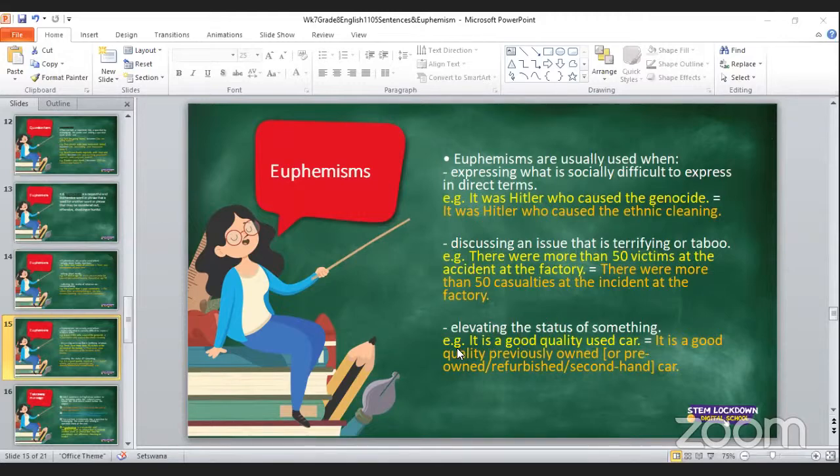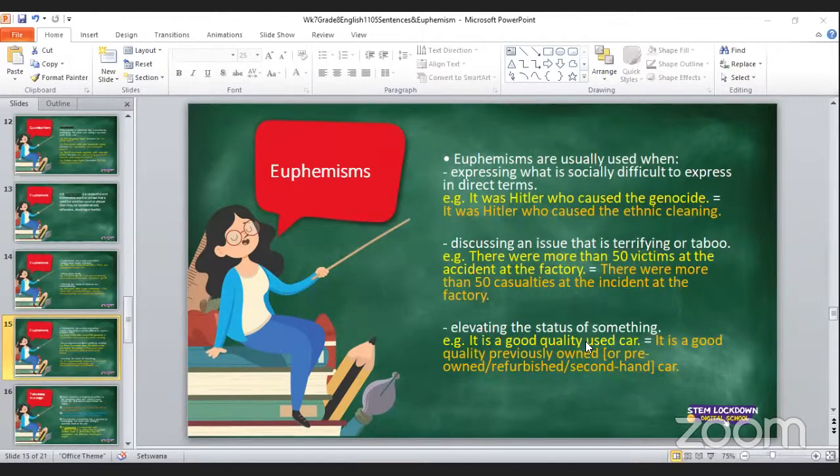Another way to use euphemism is to elevate the status of something. If I was a salesperson trying to sell you a car, I would not say it is a good quality used car.